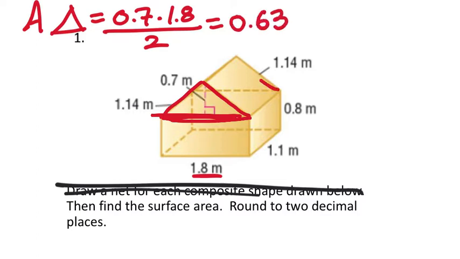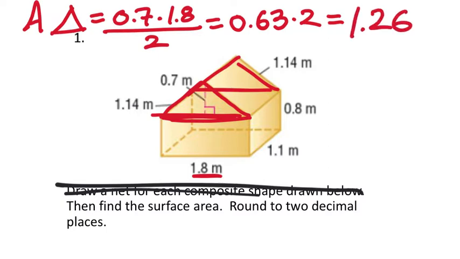And we have this other triangle that matches it on the back, so I am going to multiply it by 2, and the area of both triangles is 1.26. This is in square meters so far. So that's 2 of the faces out of the 9 that I need to find.